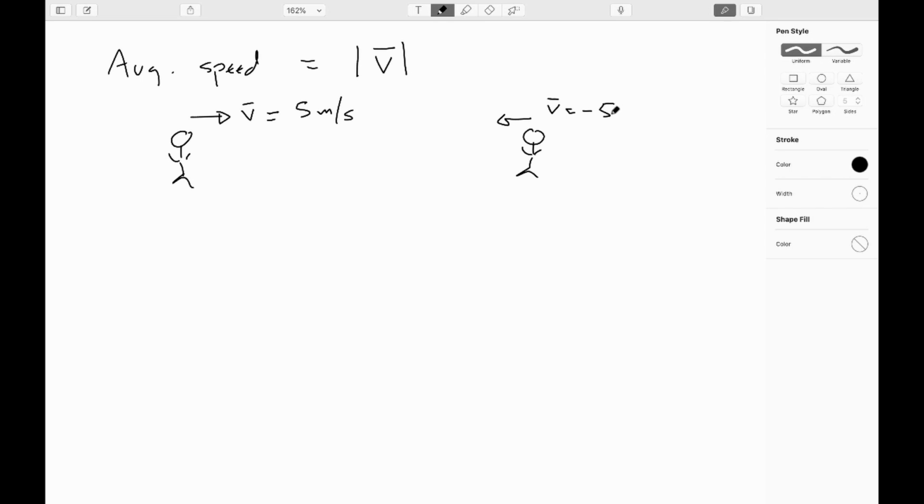So here I'd be putting in minus 5 meters per second because we're going to the left. But here, the average speed of this runner is 5 meters per second, and the average speed of this runner is also 5 meters per second, no minus sign. So just because the speeds match does not mean the velocities match.